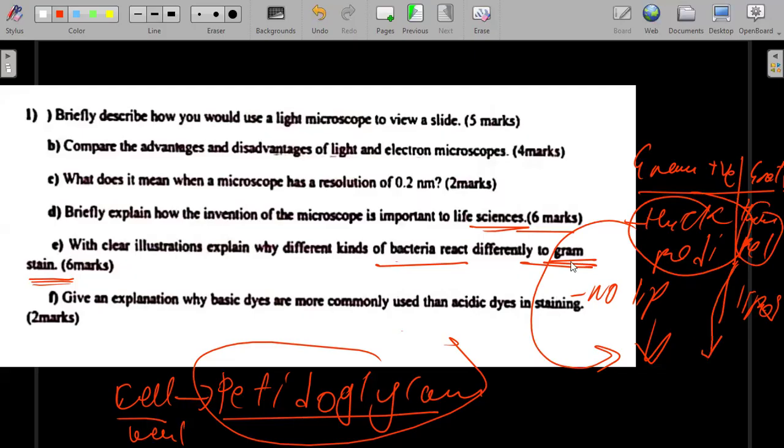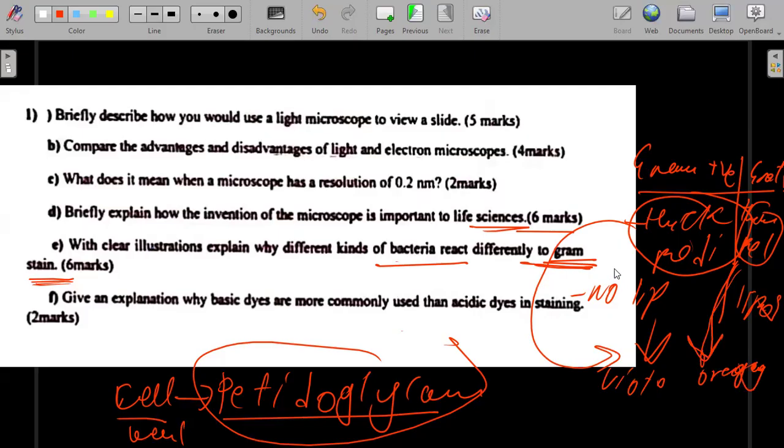So with the reaction to the gram stain, this gram positive ends up having that purple or violet color, which will be retained because of the thick peptidoglycan. Then here we end up having that orange color. So that is with the crystal violet.